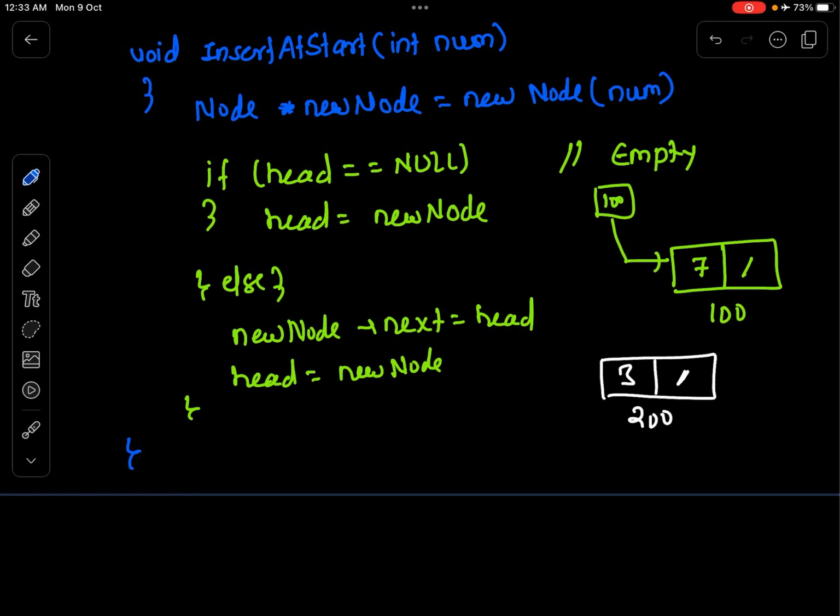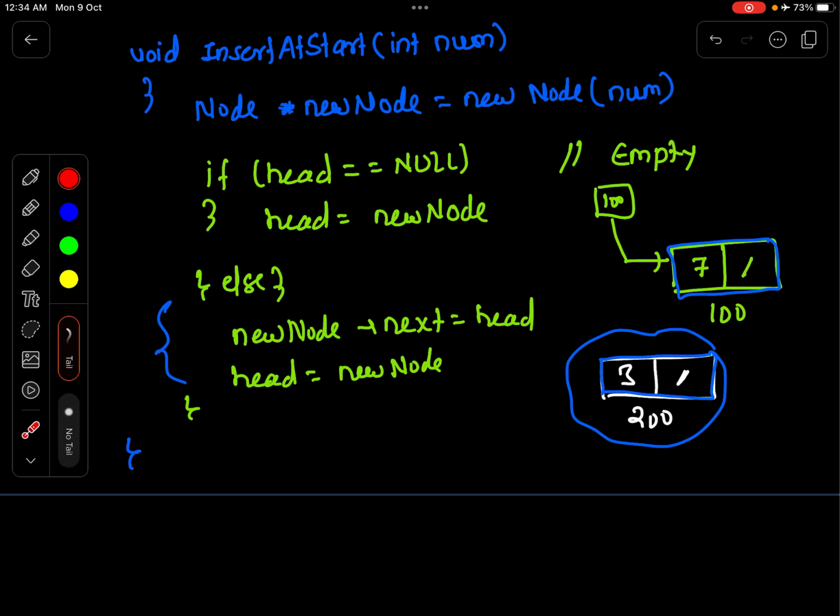So what is happening here? This part contains an empty linked list, and this part contains at least one node. So what I'm doing is I want to insert this node before this node. So I'm doing new node of next, which means this part, right? New node of next is equal to head.